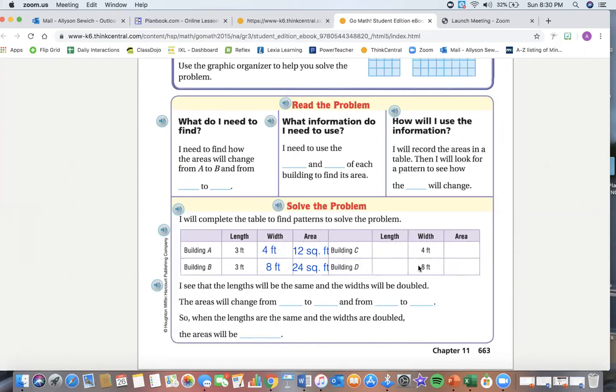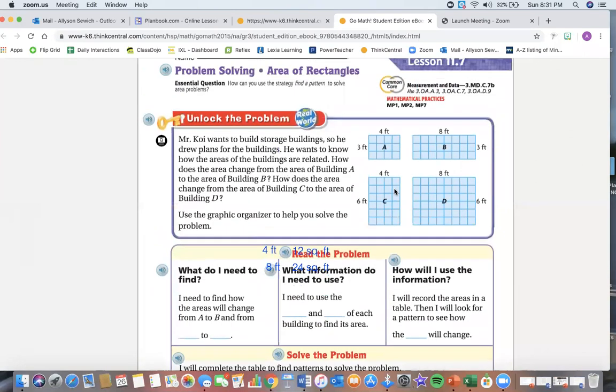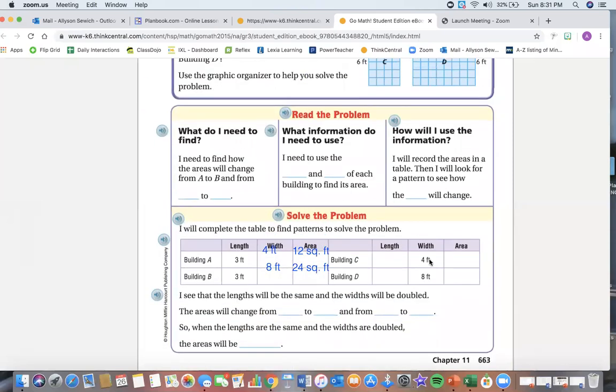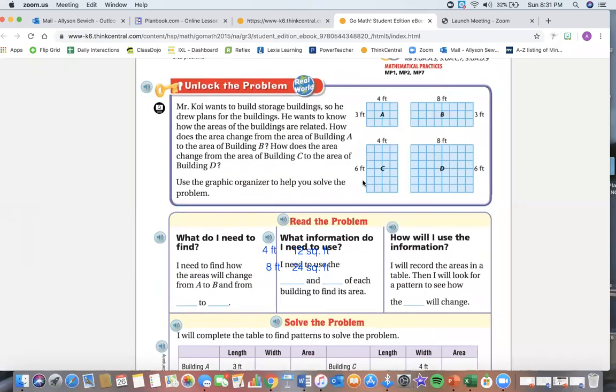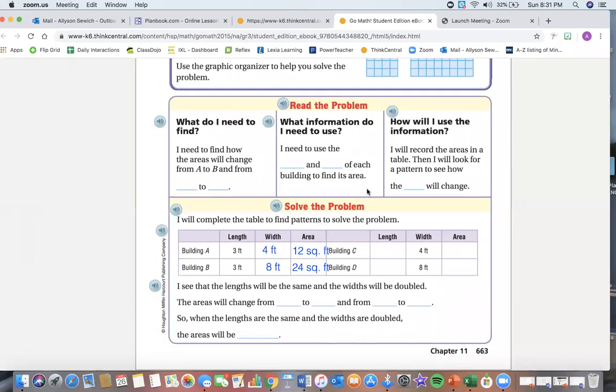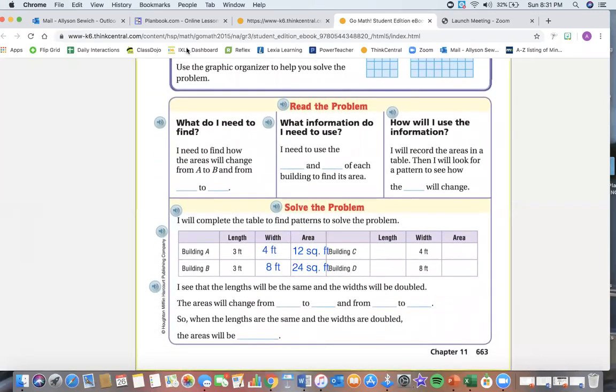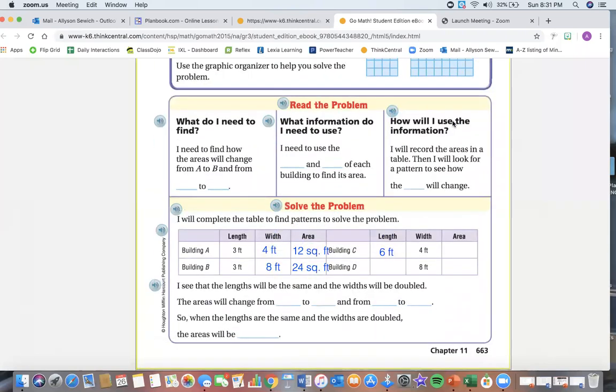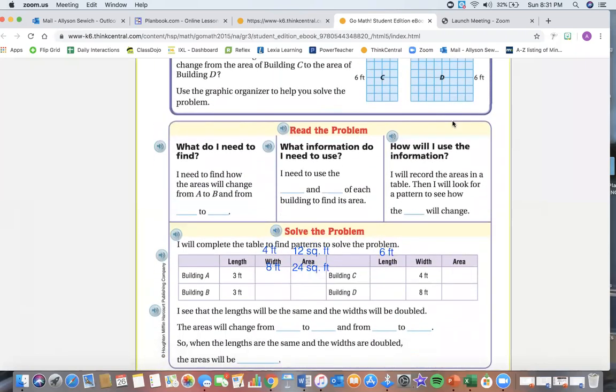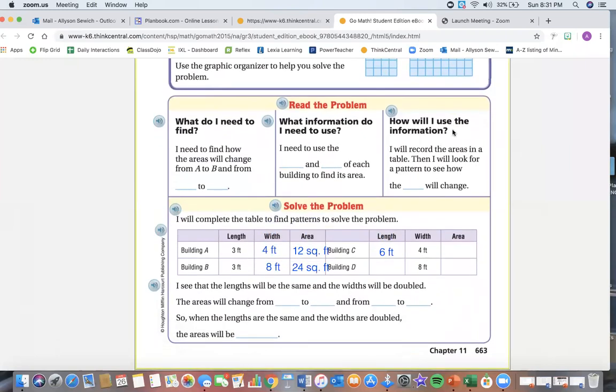Okay, now with building C and D, they gave us the width. Now we just need to type in the length. So the width of building C is 4 feet, so the length is 6. And in building D, the width is 8 feet, and the length is also 6 feet.